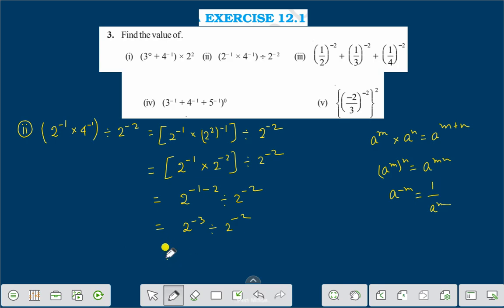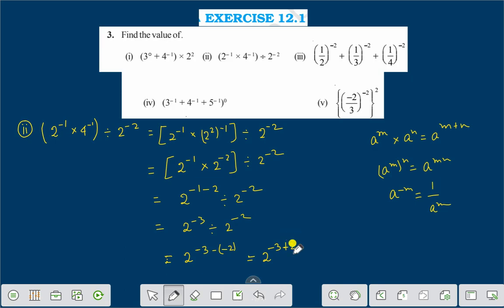Therefore we are getting 2 to the power minus 3 minus of minus 2. Minus into minus is plus, so minus 3 plus 2.